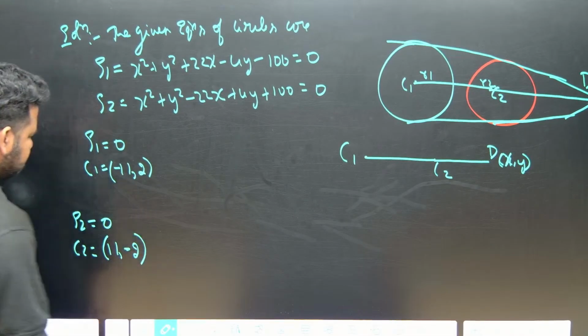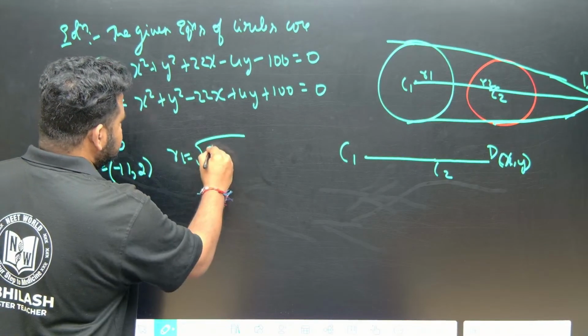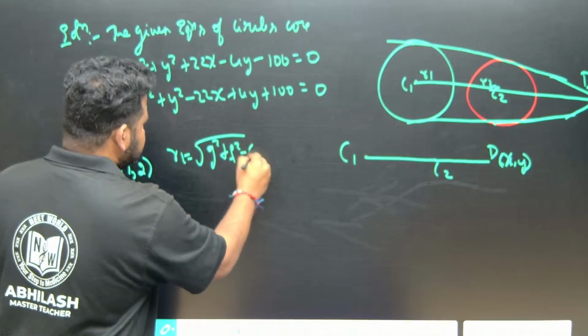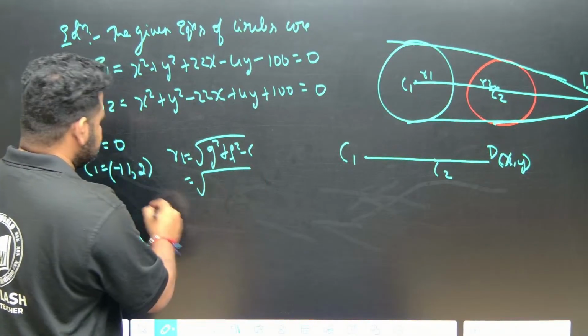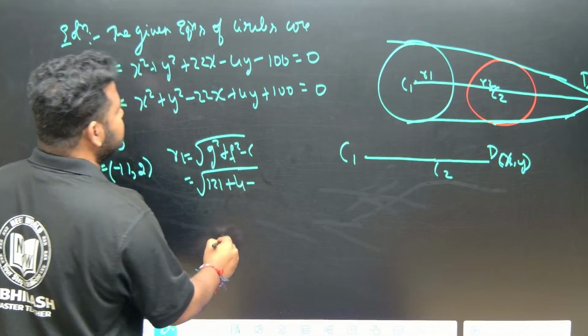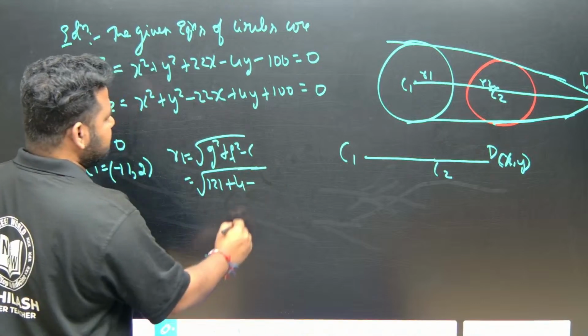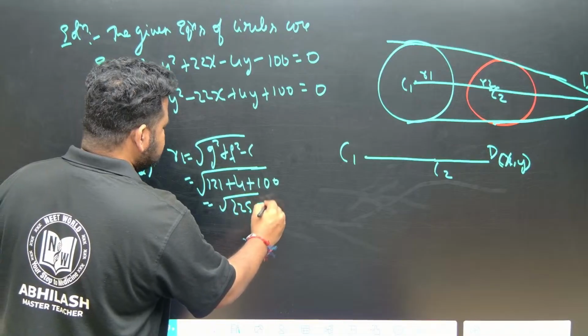Now what about the radius? r1 is equal to the square root of g square plus f square minus c. So g square is 11 square, which is 121, plus f square is 4, minus c, which is minus of minus 100, so plus 100. This will be 225, and the square root of 225 is 15.